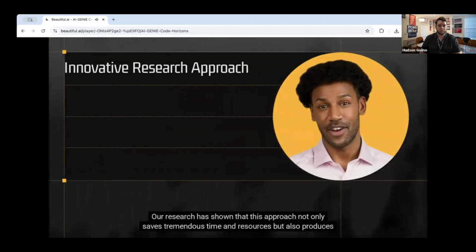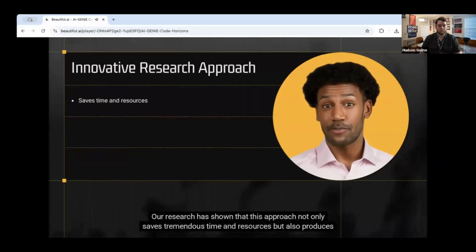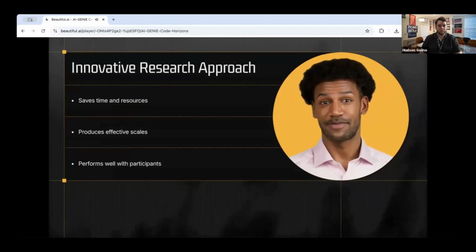Our research has shown that this approach not only saves tremendous time and resources, but also produces scales that perform as well as traditionally developed instruments when administered to real participants.